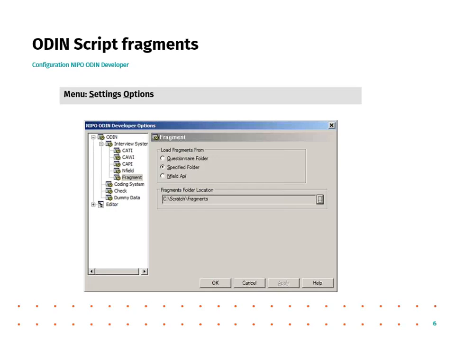Then it is more or less the other way around. First you upload your fragments, and then when you want to test it, it will actually download it for you to do the syntax check in the ODIN developer before continuing.